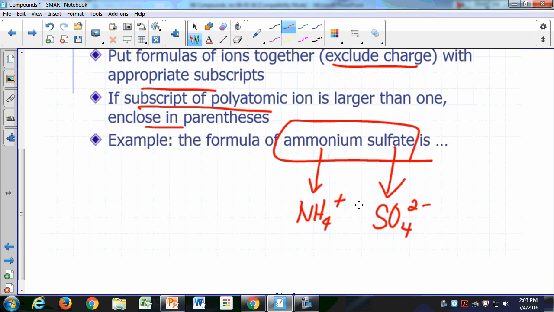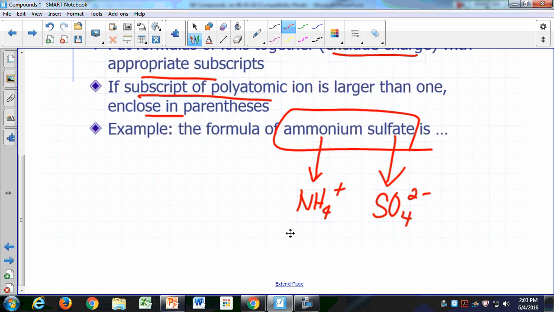So you need to be familiar with the names and formulas of the common monatomic ions and the common polyatomic ions. These are the formulas of the ions, so what would be the formula of the compound? How many +1s and 2-s do I need in order to have a zero total charge?